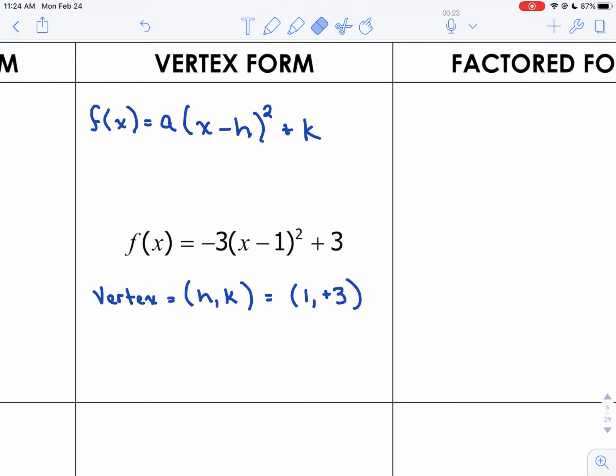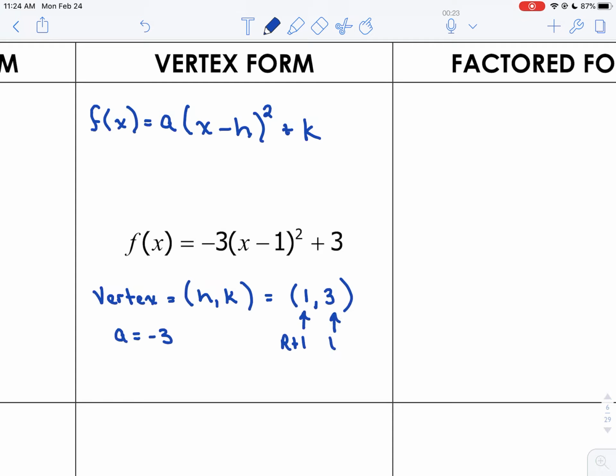You don't really have to write that positive there. So (1, 3). And the other bit of information that we can get from this one is that a is equal to -3. From our vertex, this value here tells us that we moved right 1.